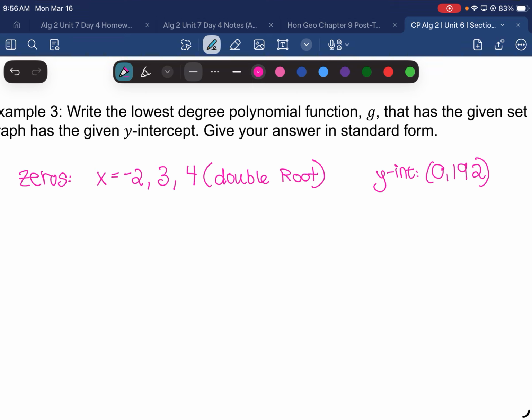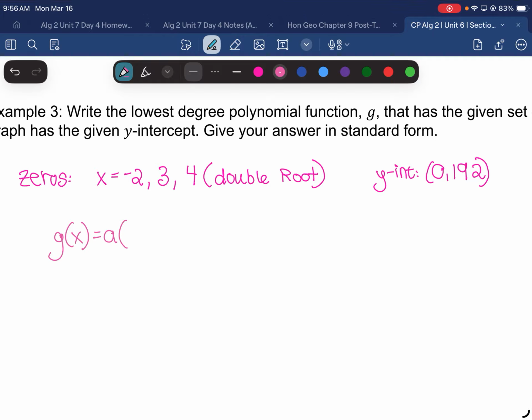So what are you going to do? You're going to start it off very similar to what we were doing in day 2. I would take those zeros and write them as factors. I'm calling this g. I don't know if there's a leading coefficient. You've got to find that.